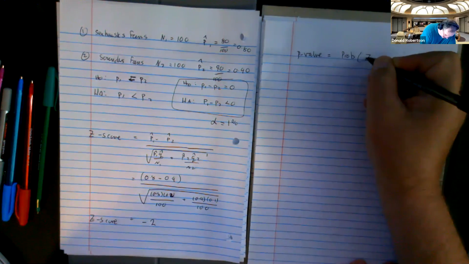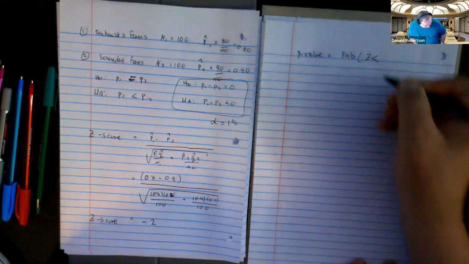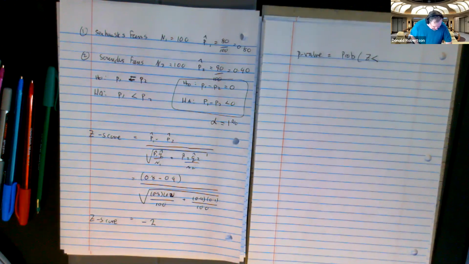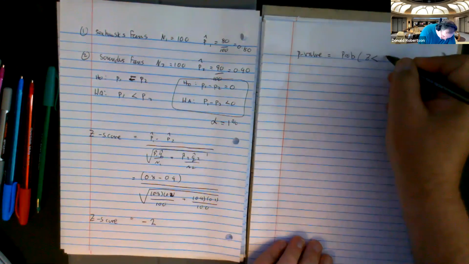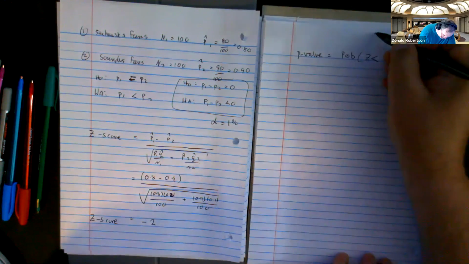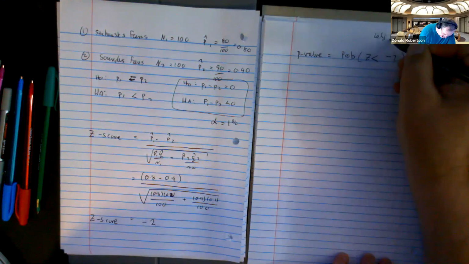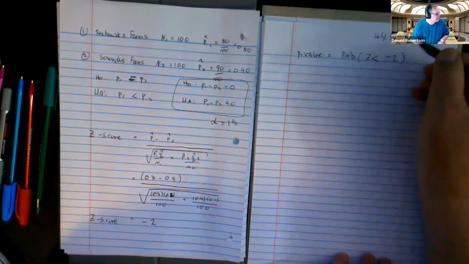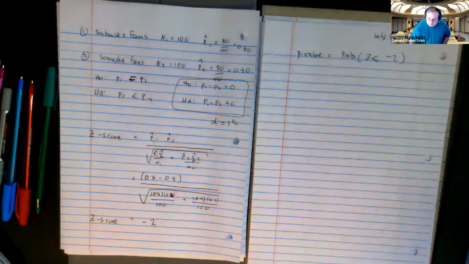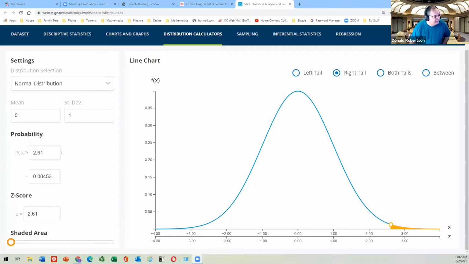We want to find the p-value. So it's a probability that the Z-score is less than -2, and that's called a left-tailed test because it's pointing to the left. And I then nip over to solve. And I do left-tailed.